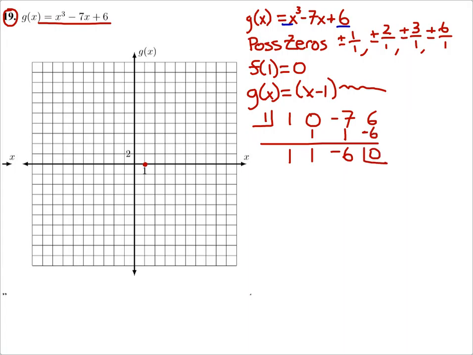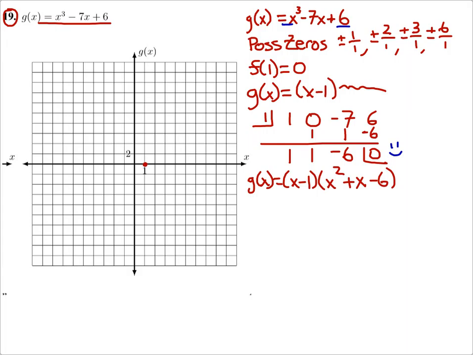And that's good news, because we thought that was going to work out. So we have g of x equals x minus 1 as the factor, and then x squared plus x minus 6. That's wonderful news.